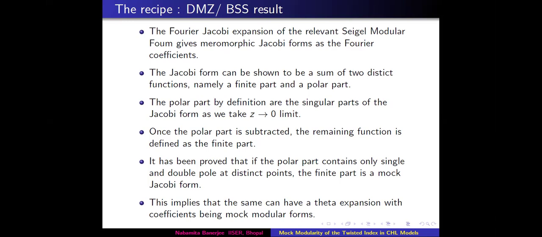The next point is non-trivial. It has been proved that if the polar part contains only single and double poles at distinct points in the complex plane, then the finite part is a mock Jacobi form. It's only true when the polar part is singular only up to a single pole or a double pole, and that too just at distinct points.